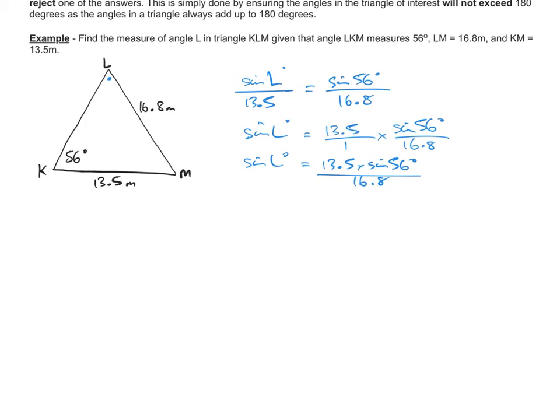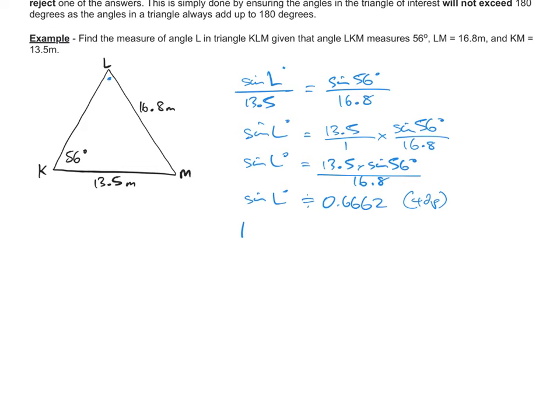So now we can work that out in the calculator. Find sine of 56, times it by 13.5, divided by 16.8. So sine of L is approximately equal to 0.6662 to 4 decimal places.